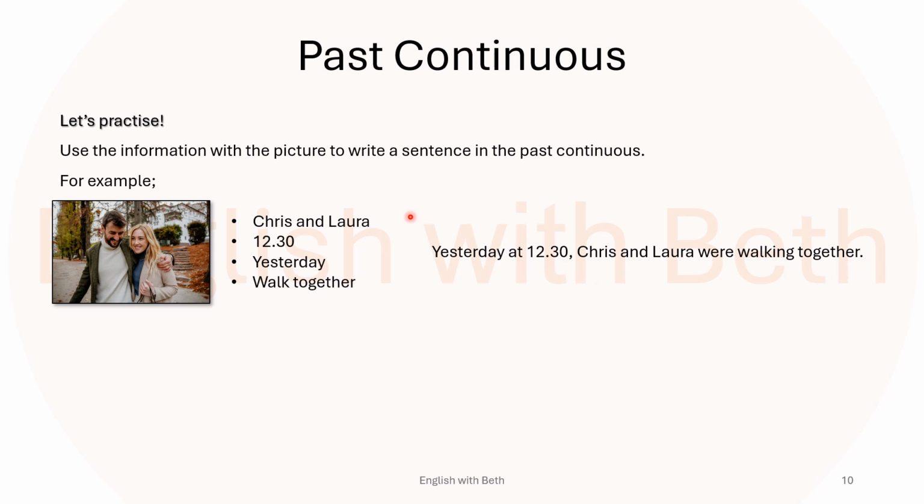I could also put the time of the action at the end of the sentence. So I could say, Chris and Laura were walking together yesterday at 12:30. Both of those options would be correct, and both are equally good.